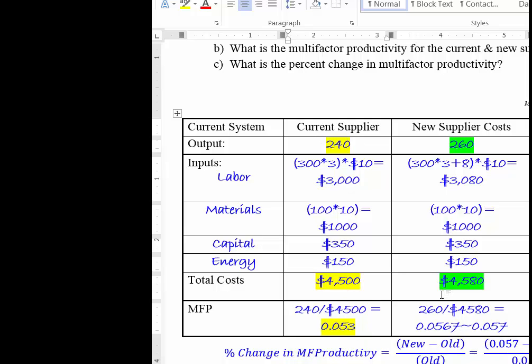And then over here, we're going to take 260 divided by 4,580, and we're going to get 0.0567, and like I said at the beginning of this, we need to round this to 3 decimal places. And again, this is an important thing, because if you don't, you're going to get a number that's different than mine or the key, or worse yet, you don't want to test.